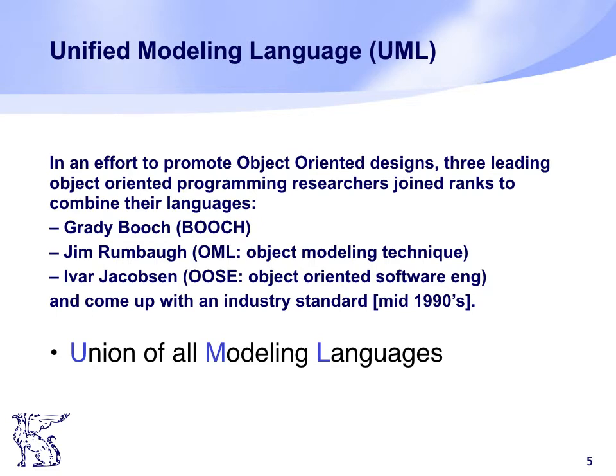Now let us move to the most important concept of this chapter. We will start UML in this chapter. UML is a short form of Unified Modeling Language, or you can also say it's a union of all modeling languages.